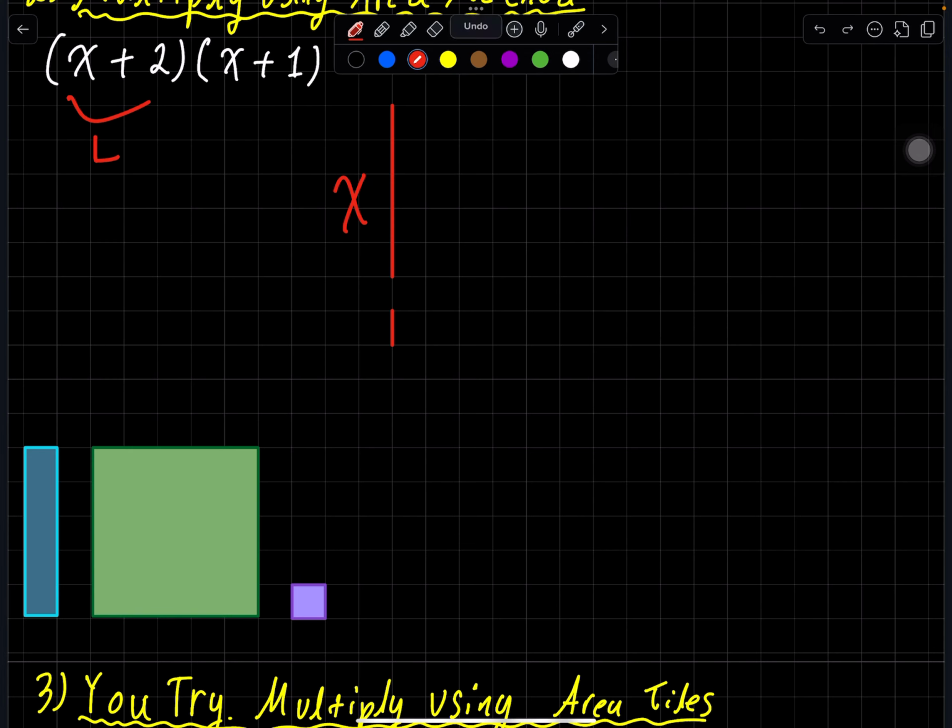So altogether it will be a length of x plus 1 plus 1, which altogether is x plus 2. So that is our length.